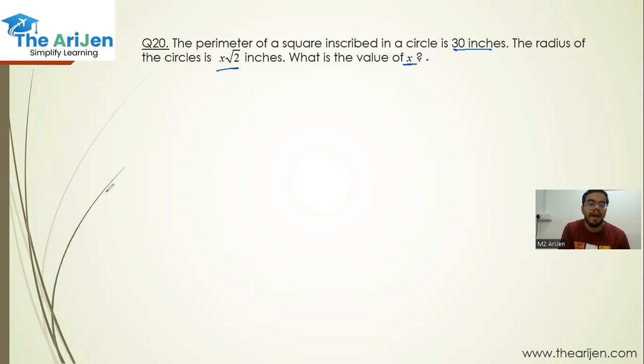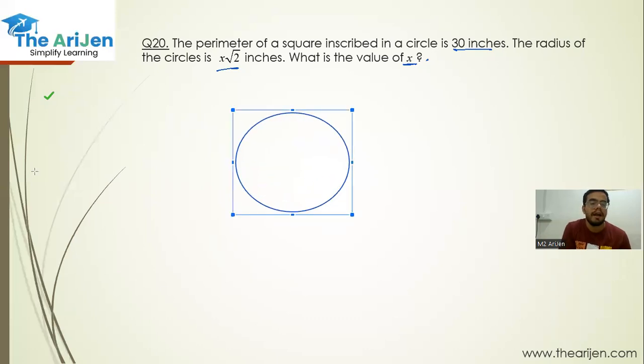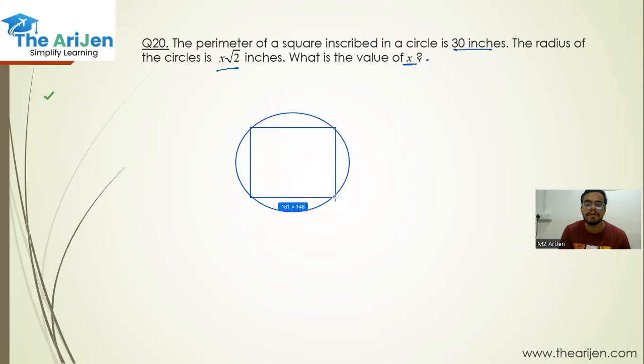Right. So we have a square. Let me see if we have a tool to draw. Okay, so let me draw it. Here we have a circle and there we have a square which is inscribed in it. This is my square, right?